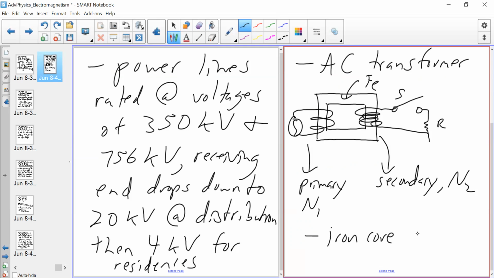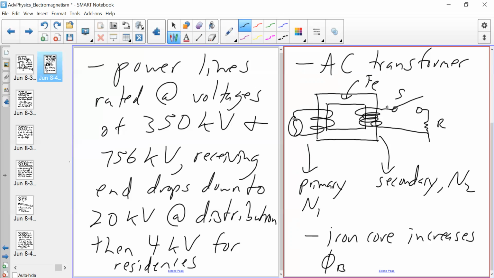The point of the iron core is that it increases the magnetic flux, because we're going to get alternating current through here. That's going to set up a changing magnetic field that's going to be focused within the iron. That magnetic flux is going to come through these turns and create a higher EMF, or voltage, to be pumped out.